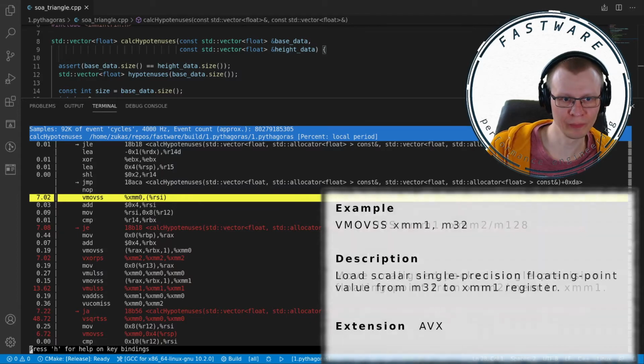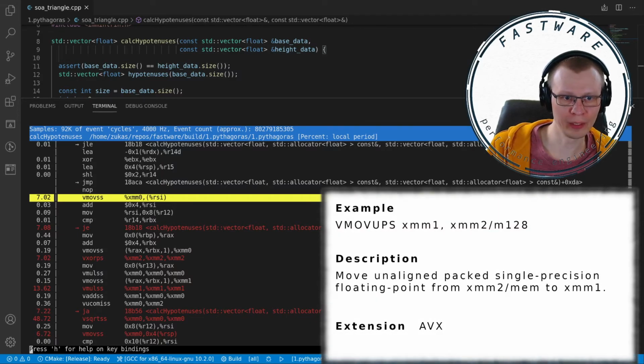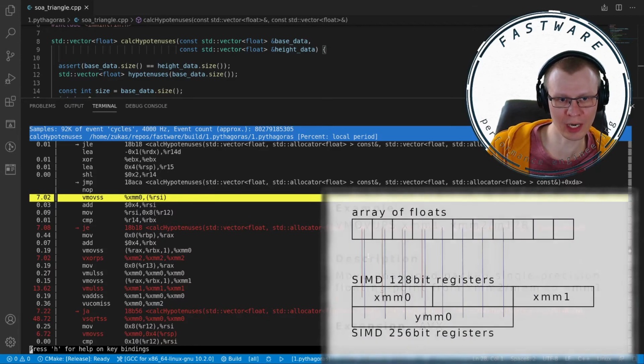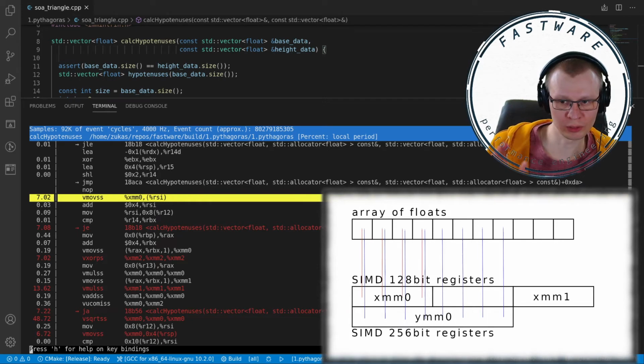What we want is vector move PS, which is packed single precision. When it says packed, it takes the entire XMM register, which is 128 bits in size, so it can fit 4 floating points in there, and pack all these floats together.